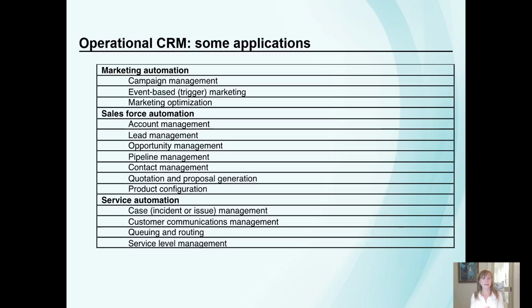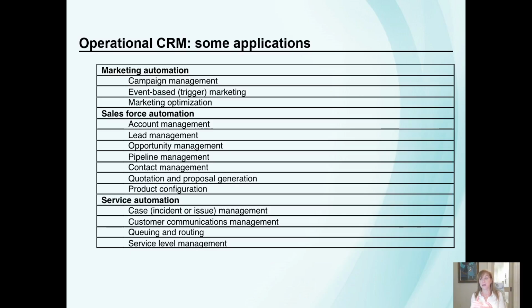Account management is after customers have moved through the process and bought something from us, how to manage them on an ongoing basis. Contact management is a contact within an account. How do we manage individual people? What are their hot buttons?